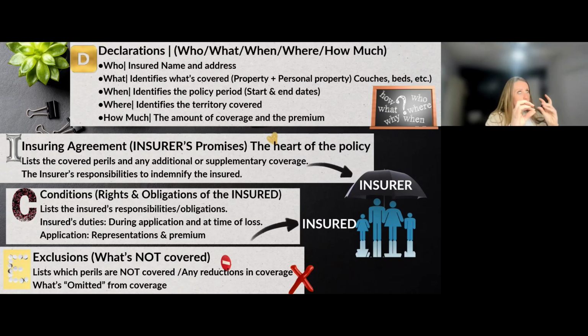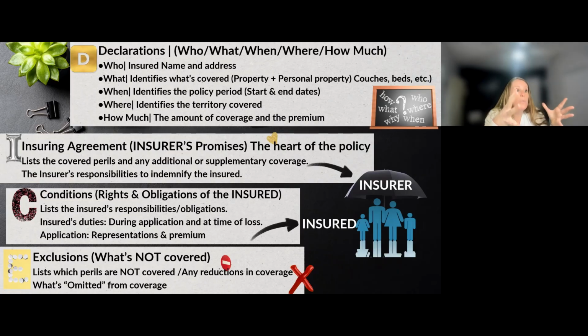Now, this is where people tend to get tripped up, and this is how they can get you with questions on the exam. When it comes to what is covered up here in the declarations versus these covered perils, look out for this on the exam. When the question is talking about what is covered, it's talking about property, so that building, your personal property, your couches, your fence, your bed.